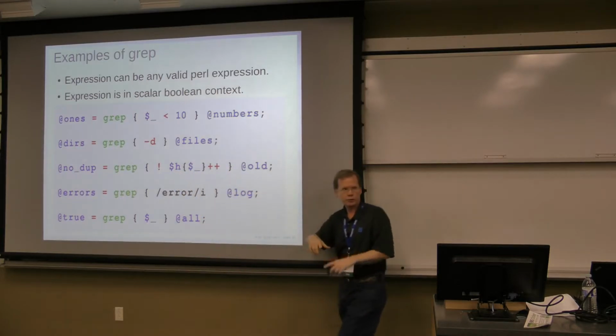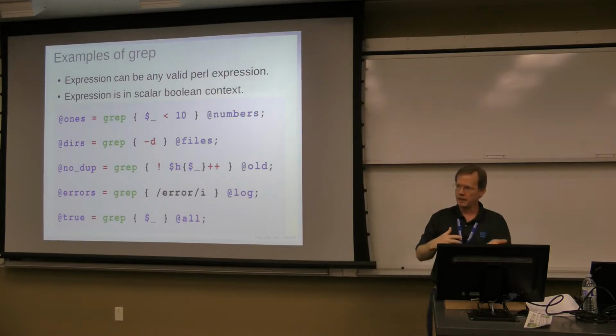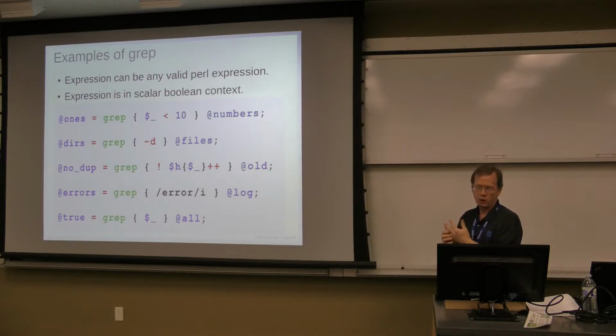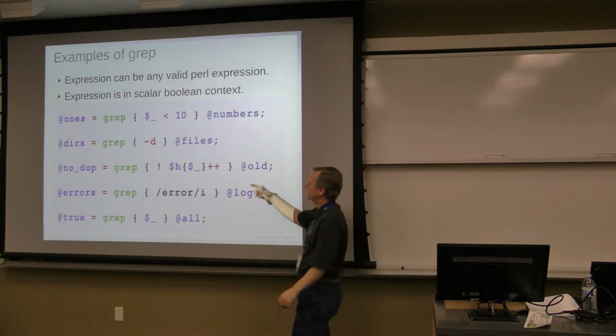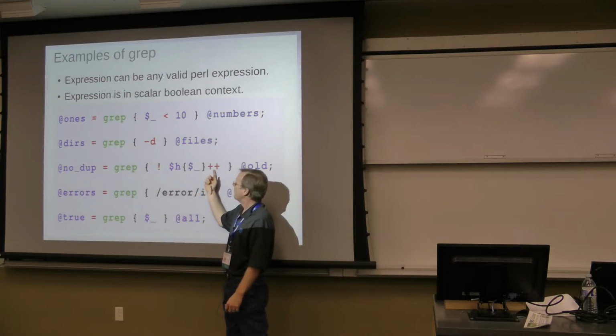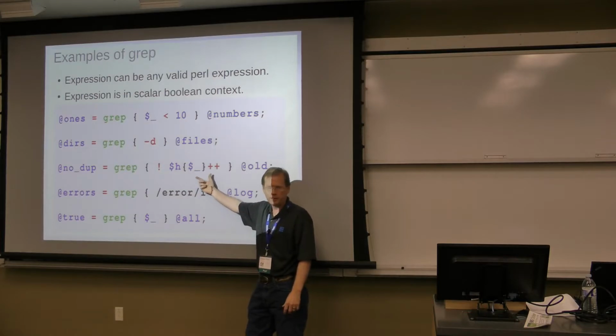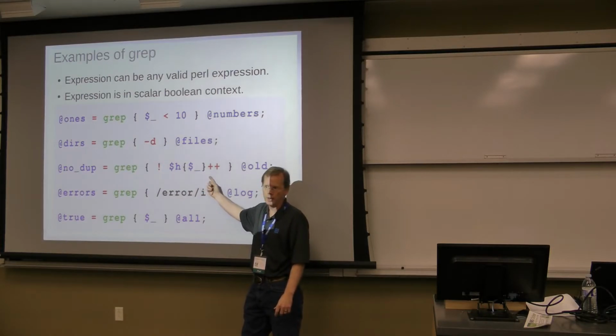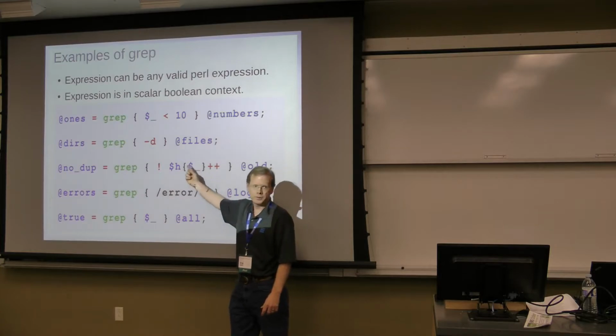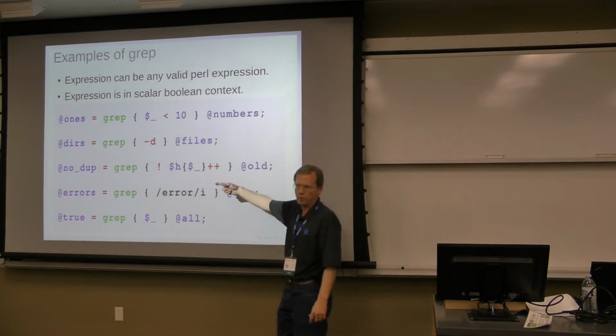So if it was a true thing that came in, we would end up with it negated, so it would be false, and it wouldn't come through. And then we add 1 to it. So the next time we come through, it's already there. Its value is 1. Negate it, false. It won't add it.